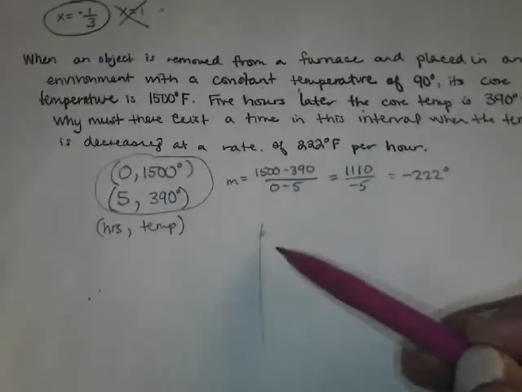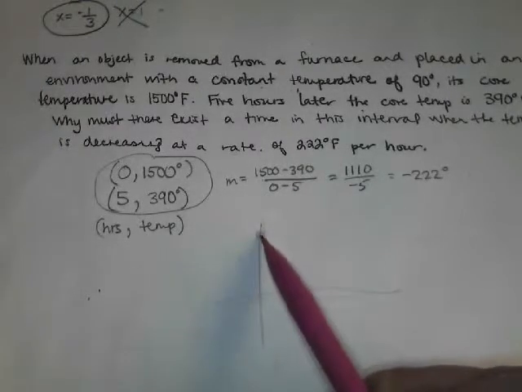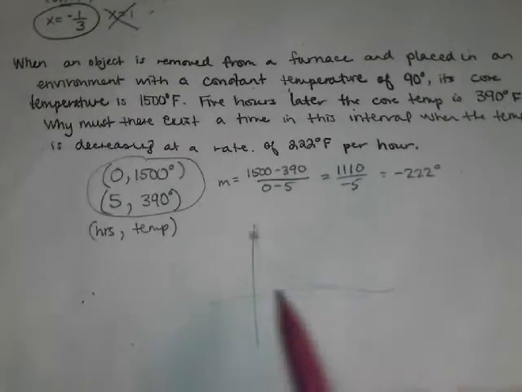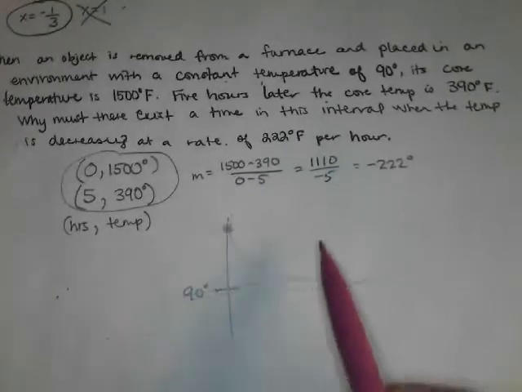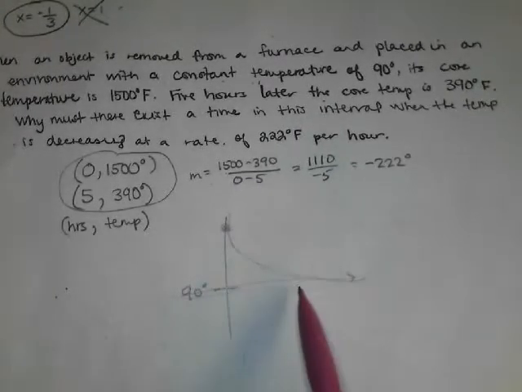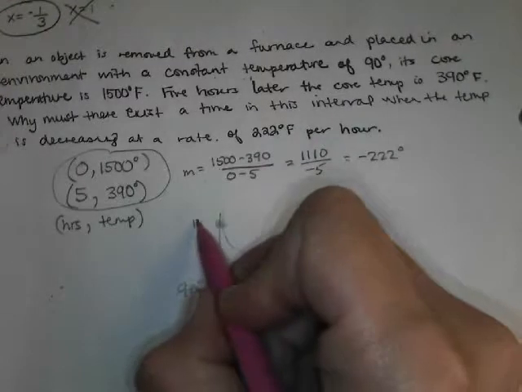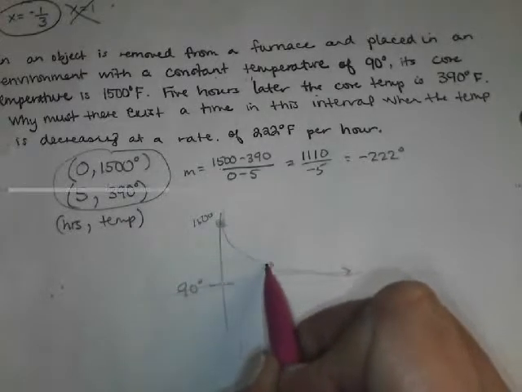Okay? So 5 hours later, it was still, if it started at 1500 and then it was still 390, 5 hours later, our average rate of change is negative 222. And so why at some exact moment must that be decreasing at a rate of 222? It's because of the mean value theorem.